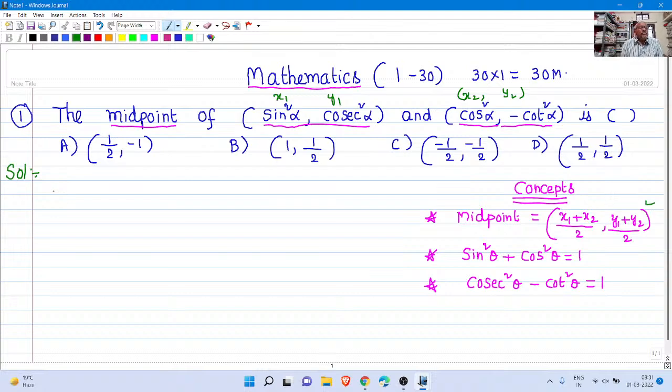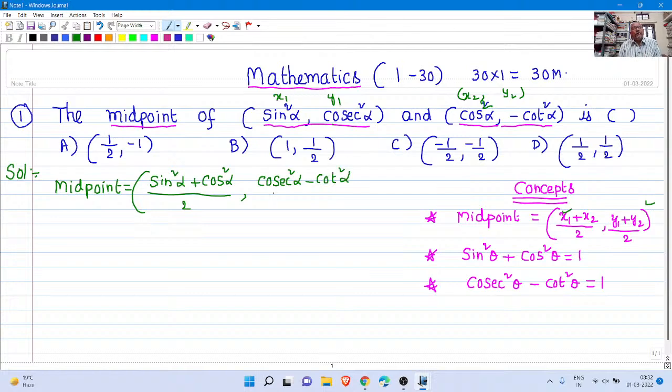So the midpoint is equal to, instead of x1 we write sine square alpha plus x2, which is cos square alpha, so sine square alpha plus cos square alpha upon 2. And next, y1 plus y2: y1 is cosecant square alpha, y2 is minus cot square alpha, so we write cosecant square alpha minus cot square alpha upon 2.